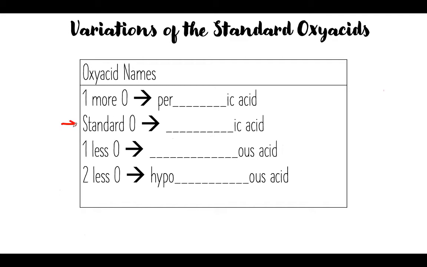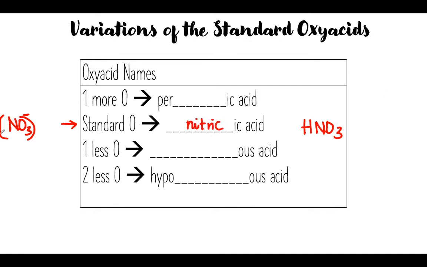So our standard number of oxygens, when it forms an oxyacid, we saw that it was, so for example, let's take nitrate, right? So our nitrate ion had a charge of -1, right? When it formed the acid, it formed HNO3, and this was called nitric acid.